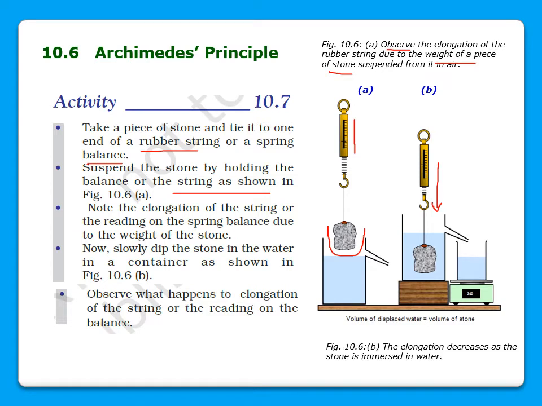And in B portion, you have to note down the observation again when the stone is dipped into the water. At this time, what do you notice? You notice that elongation decreases as the stone is immersed into the water. Okay, so this is your observation.